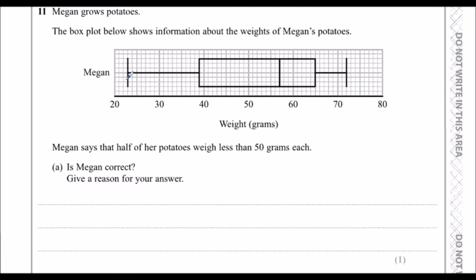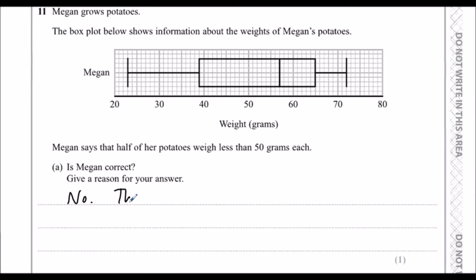The lowest weight is 23 grams. The lower quartile is at 39. That means a quarter of potatoes weigh less than 39. The median is at 57. So half of the potatoes weigh less than 57 grams each. So is Megan correct? Well, no.